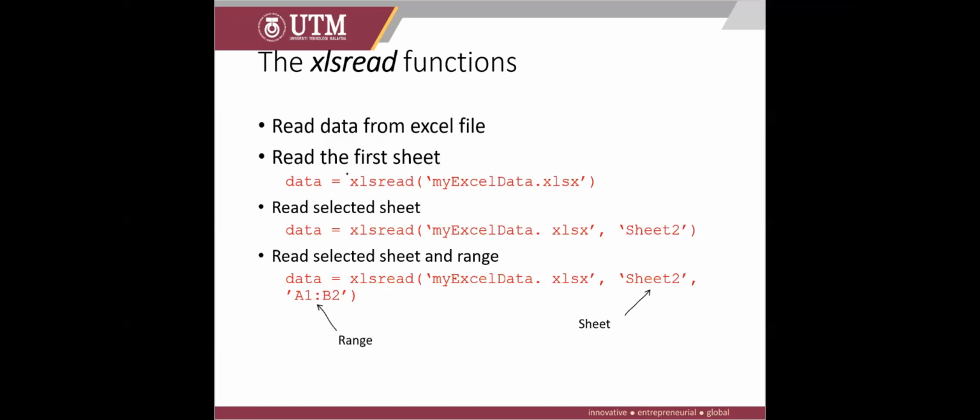The easiest way would be to specify something like this. This is the variable that you want to store the data in. Let's say we call it data. This is the function, and this is the Excel file.